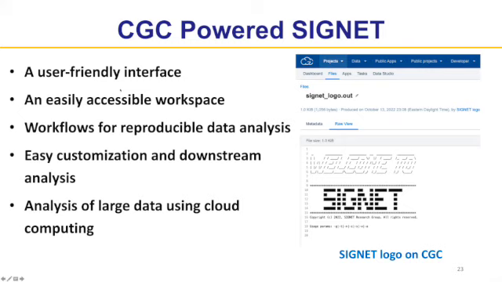Essentially, the CGC provides a user-friendly interface for SIGNET, because originally we could only run SIGNET on a Linux-based machine, which means basically only people who know Linux very well would be able to use the algorithm, and a lot of cancer researchers certainly won't be able to use it.